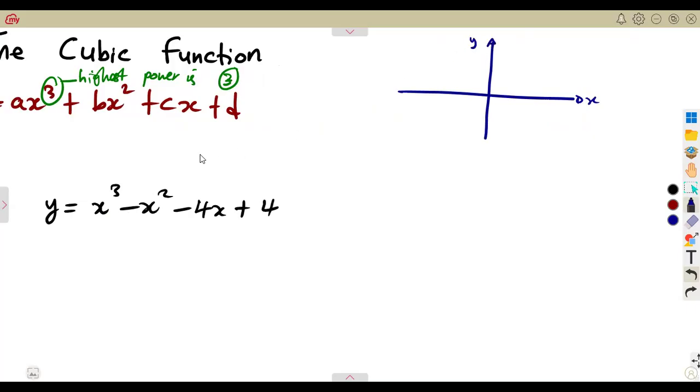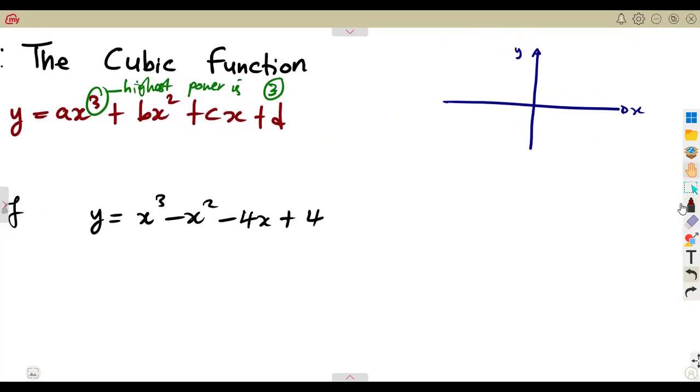One, the shape. It comes from the coefficient of x cubed, which is our a. Remember, the coefficient of x cubed is our a. So a determines the shape.